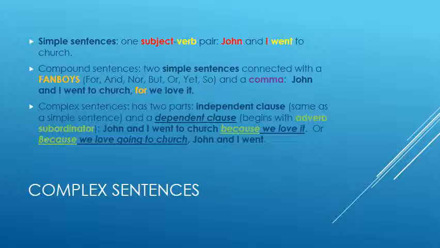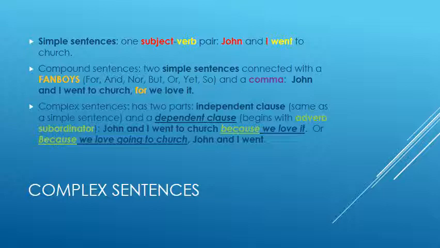So if we look at the complex sentence, basically it has 2 parts, or we could say it has 3 parts, depending on how we want to look at it. It has the independent clause, again, which is the same as a simple sentence, and it also has the dependent clause, which begins with the adverb subordinator.